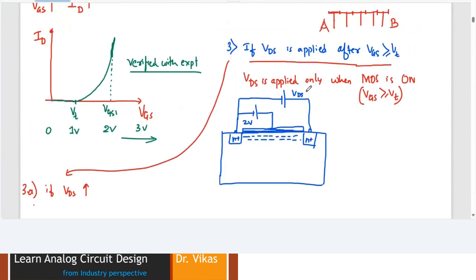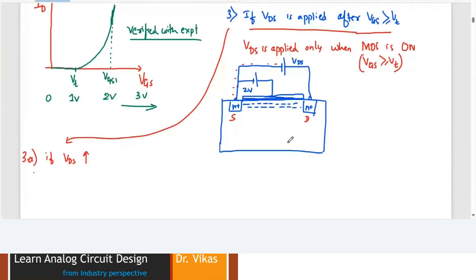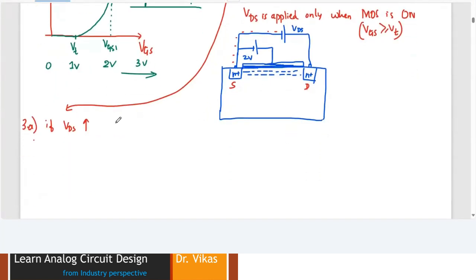If I increase VDS, that means I allow more and more public, more and more electrons are being pushed into the source side, and these extra electrons will not be in a position to sit within a small region, so they hop and move to the drain. So if I keep on increasing VDS, more and more current flows from source to drain, as simple as that. So if VDS is increased, more ID flows.